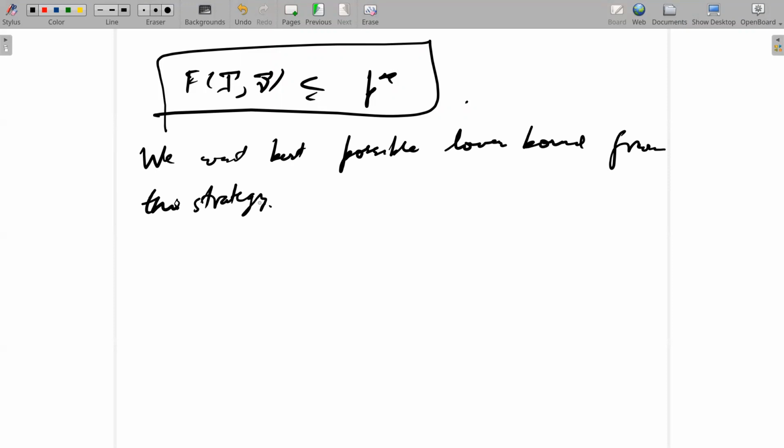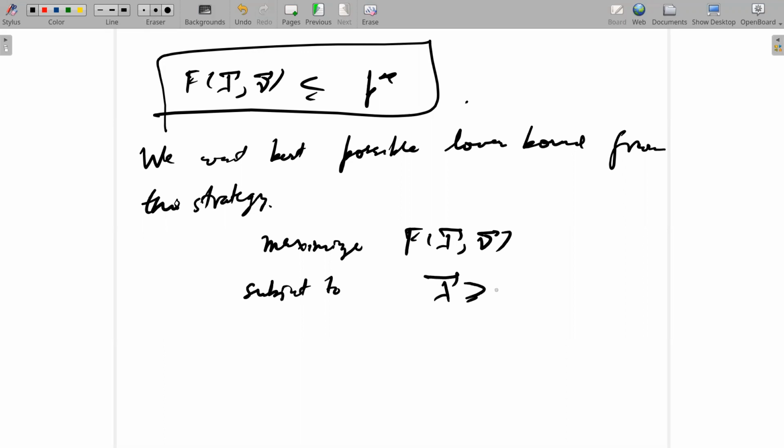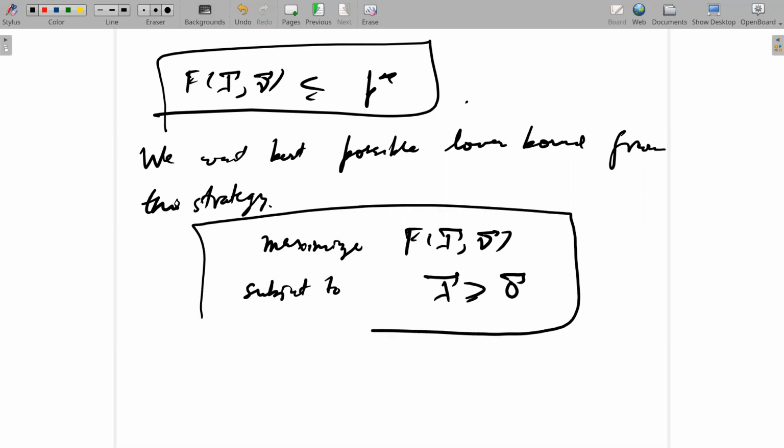But here, at least we understand the formulation. So it will become maximize f of lambda, nu subject to lambda bigger than or equal to 0. We want lambda bigger than or equal to 0 so that this inequality is satisfied and we have this weak duality. So this finds the best lower bound, and this is in fact called the dual problem.